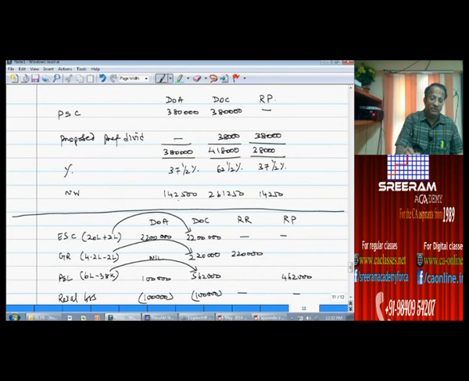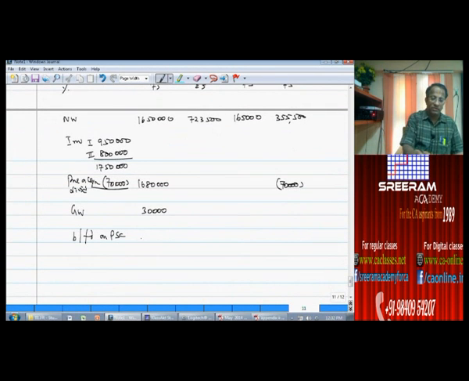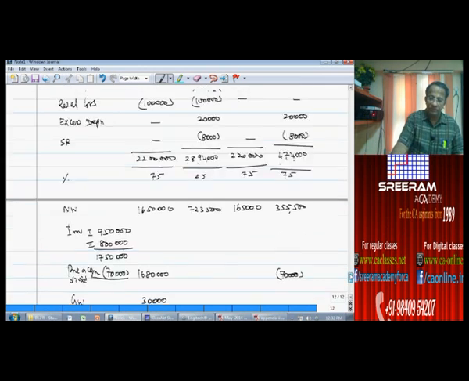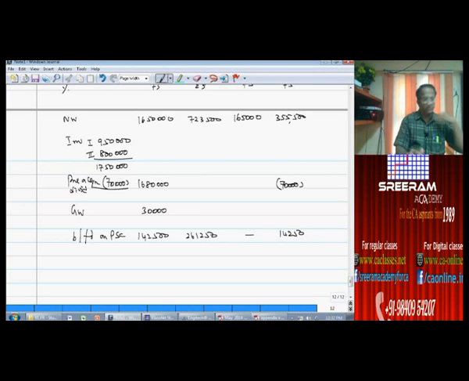There we have just worked only to the extent of 142,500, 261,250, 14,270. So now I have to bring in there. How much? 142,500, 261,250, 14,250. This is the net worth from there.